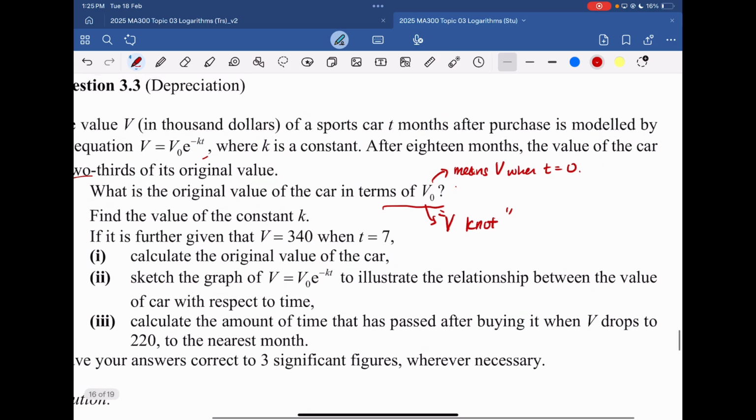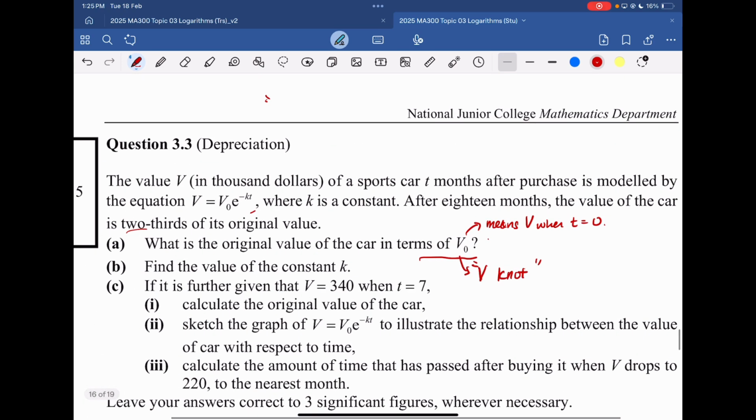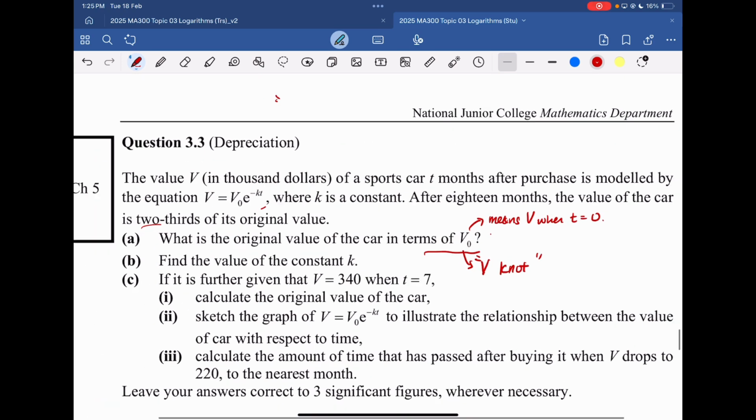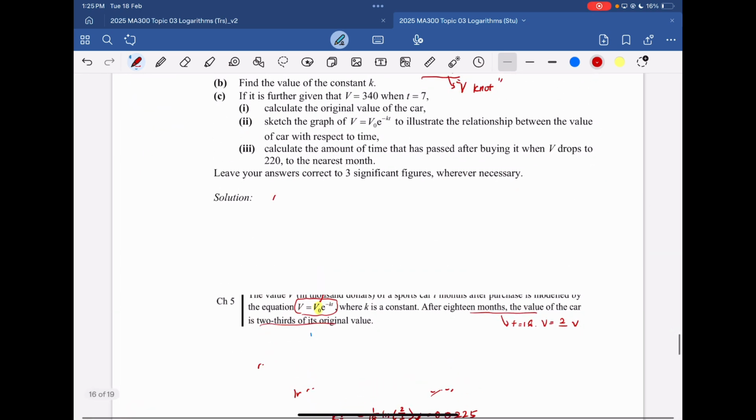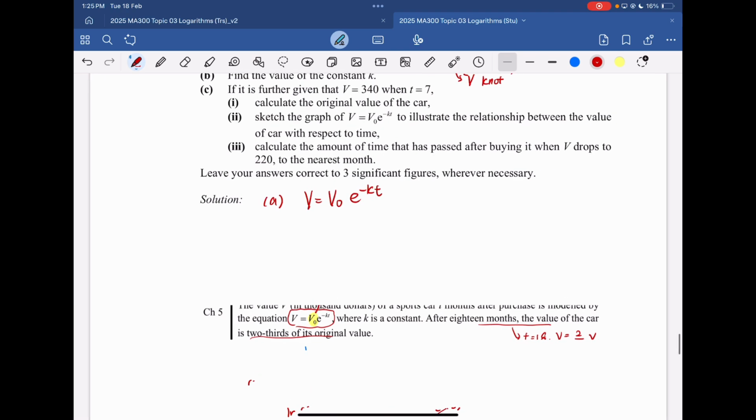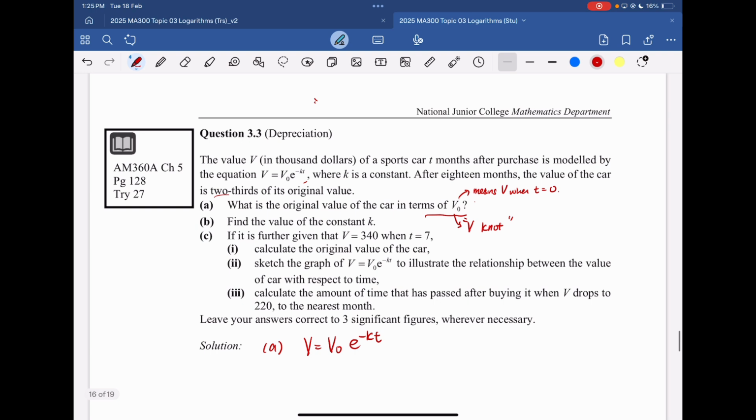So now, the original value. The value of the car goes like this: V equals V0 e negative kt. This is the function. So what is the original value? When you see original value, what comes to your mind?